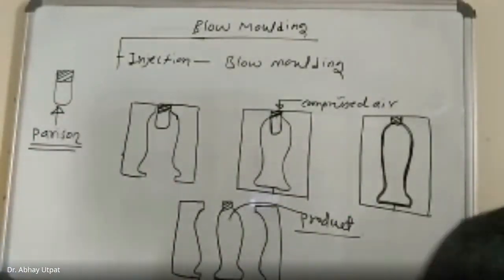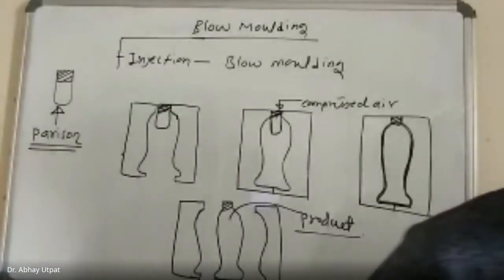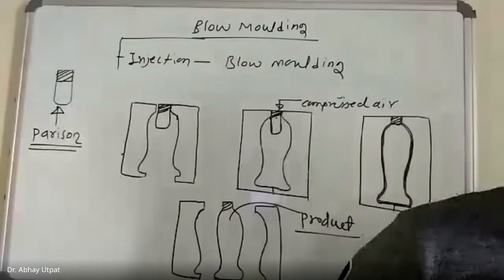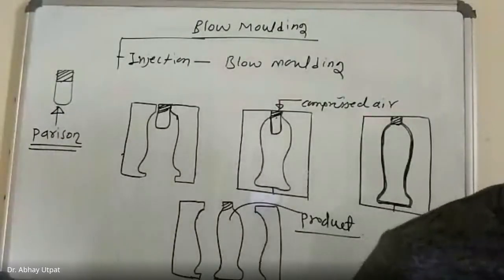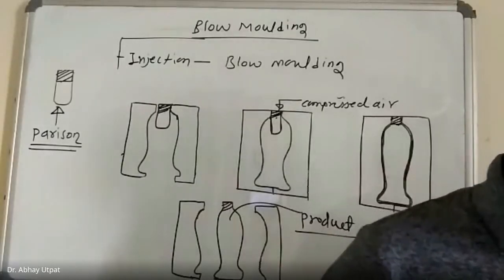So injection blow molding includes producing the parison earlier in the injection molding machine, and then it is used as a raw material in the blow molding machine, and hot compressed air is used for blowing.